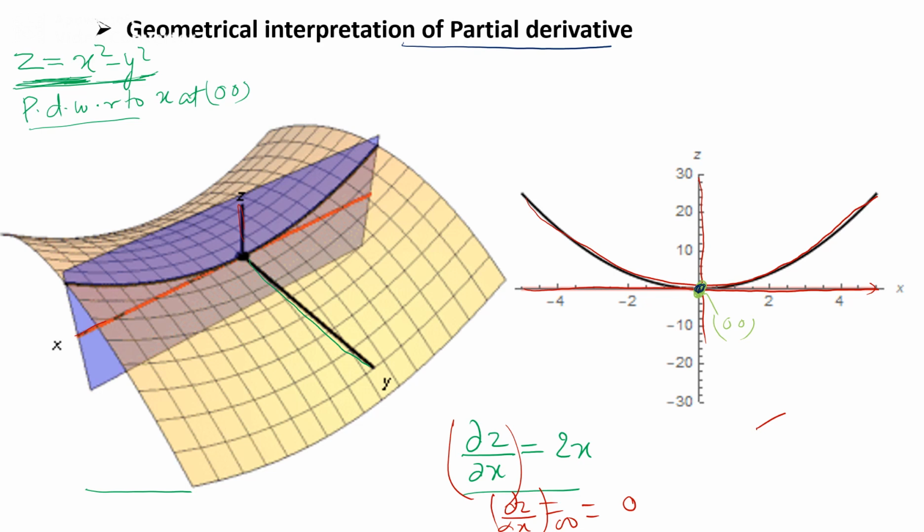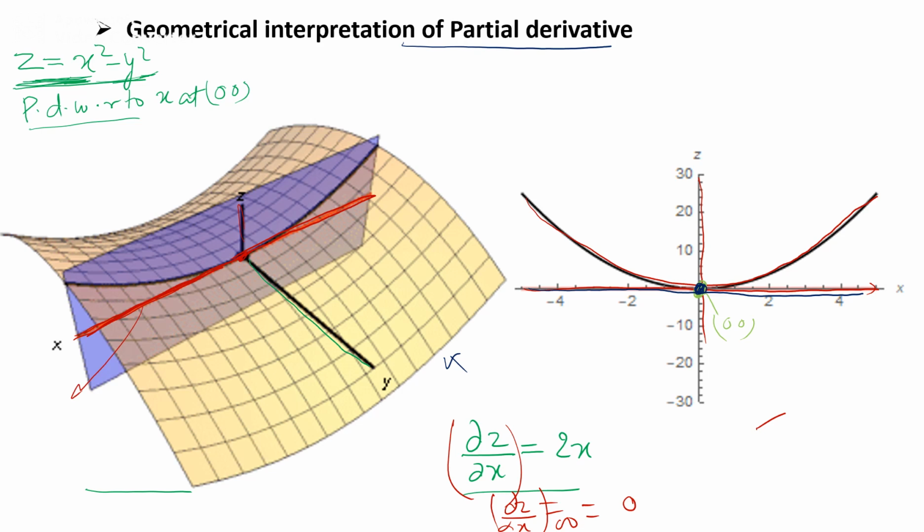Taking the partial derivative with respect to x means a tangent is passing through that point. In that 3D diagram, this red line represents the tangent line which is passing through the origin, or say at (0, 0). This is the partial derivative at that particular point, the origin.